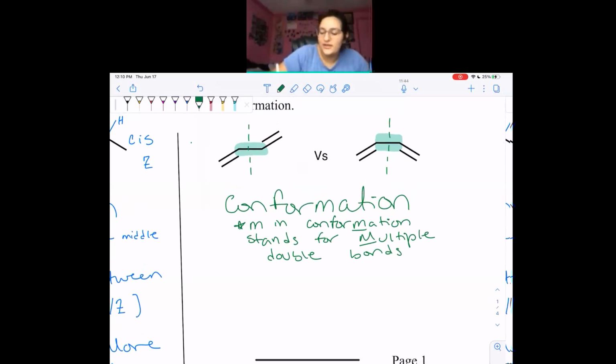We're going to call it S trans and S cis. Before you guys ask, I don't know scientifically what the S actually stands for, but how I like to remember it is we're talking about the single bond in the middle. So S stands for single bond. So the single bond is trans versus the single bond is cis.